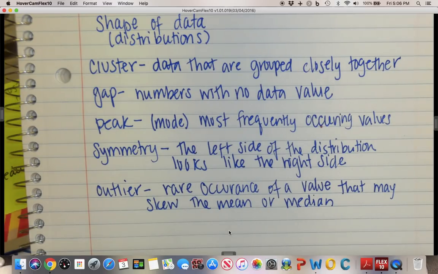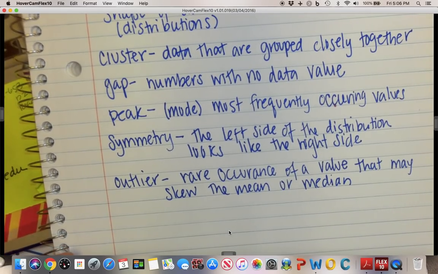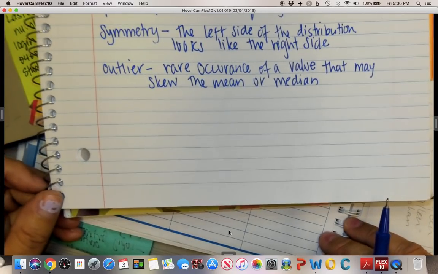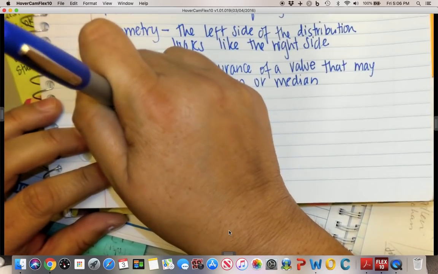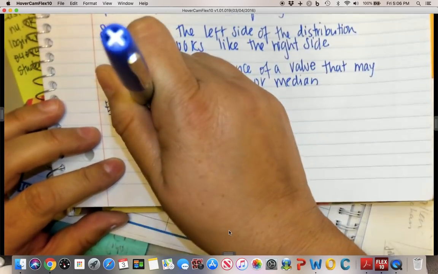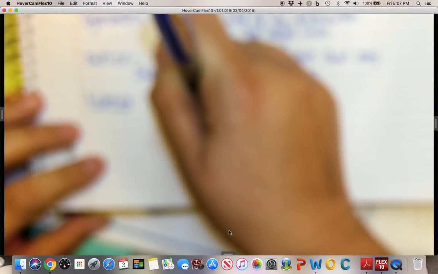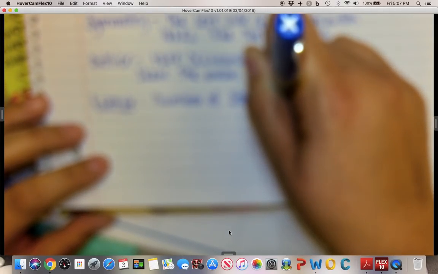Okay, so I'm going to show you an example of a graph, and we're going to label all the parts of that graph. Okay, so this graph is going to be called number of states visited.